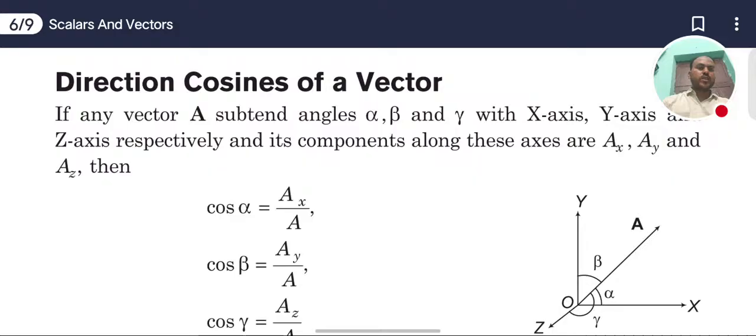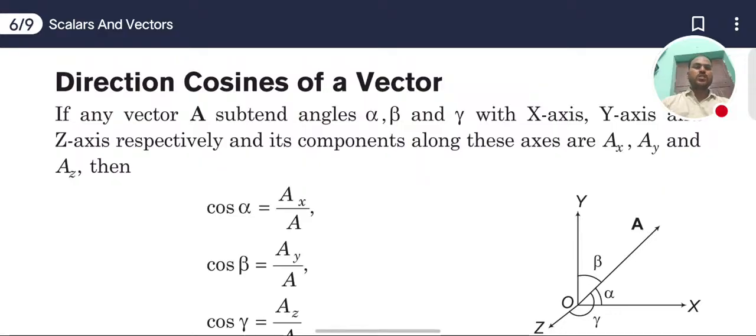With the x-axis, y-axis as well as the z-axis respectively, its components along these axes are a base x, a base y and a base z.